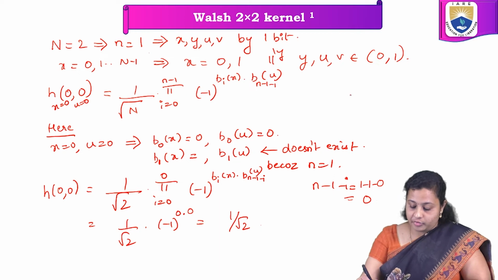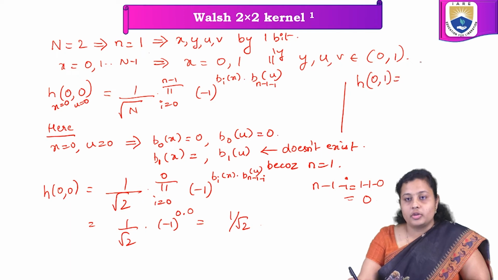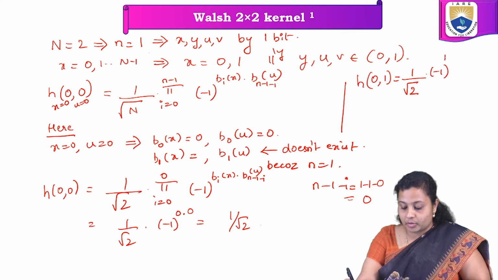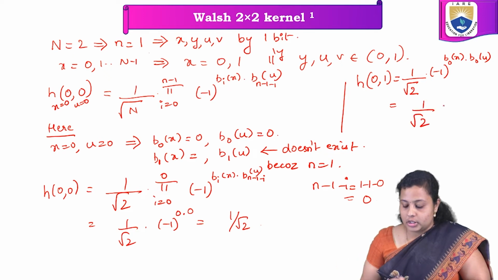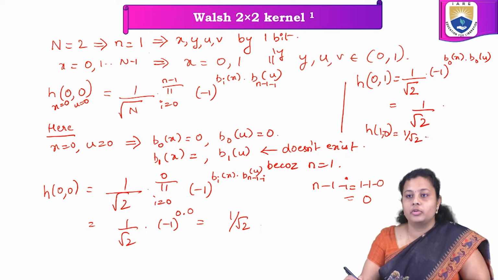Now, if we want to calculate the function h of 0, 1, then we can see that the equation turns out to be 1 by square root of 2 into minus 1 power b0 of x into b0 of u, which again turns out to be 1 by square root of 2. Similarly, if we calculate h of 1, 0, we get the value 1 by square root of 2.